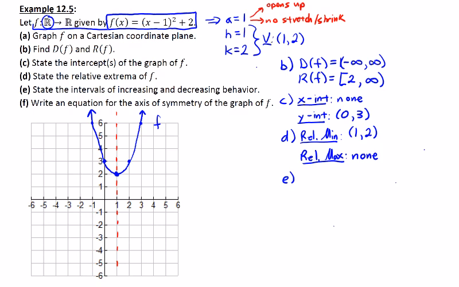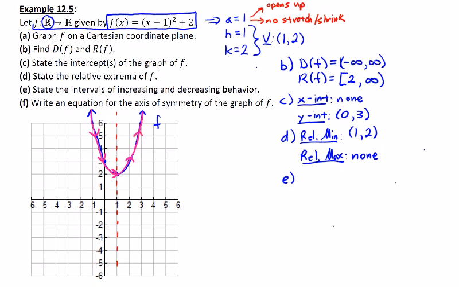If I start on the far left, I would have to come down until I get to the vertex, and then I would go up as I continue to move off to the right. So you always want to look at it going from left to right whenever you're looking at increasing, decreasing.